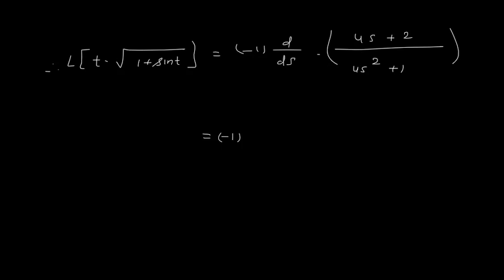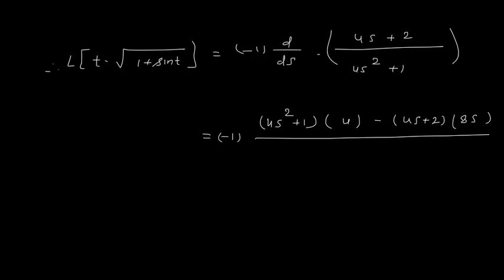U upon v rule is, first we will write v, which is 4s square plus 1, then we differentiate this 4s plus 2, which gives me the value 4, minus I will write 4s plus 2, and I differentiate this 4s square plus 1, it gives me 8s, and whole divide by 4s square plus 1 the whole square.